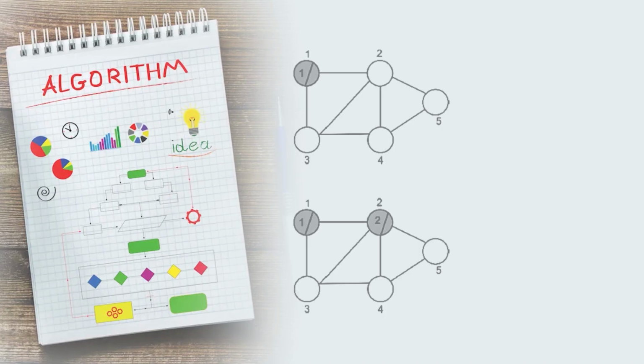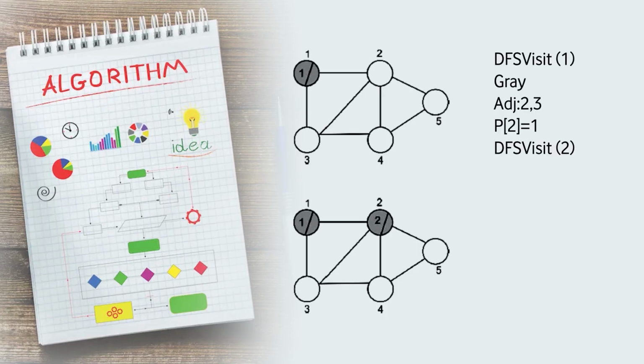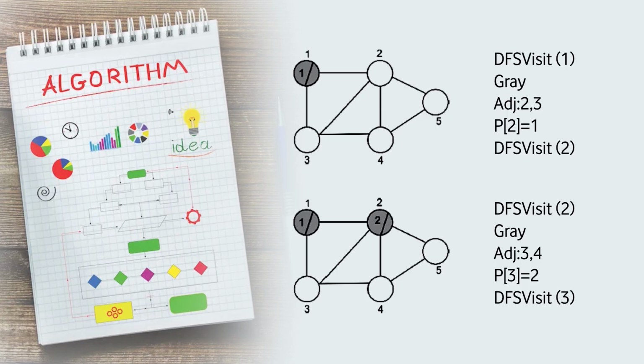Now we'll go with the depth first part. The first part of the algorithm is that the first node, 1, initially will be white. It means that this particular node is not visited. Now when it is visited with the call of the DFS visit procedure, you will pass 1, the name of the vertex, as the argument.